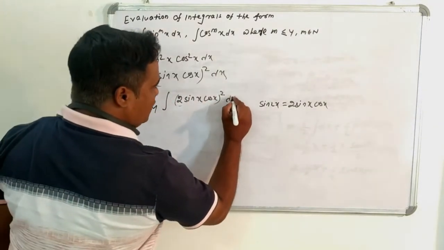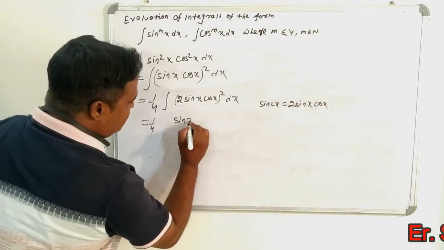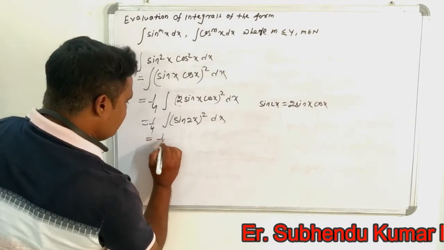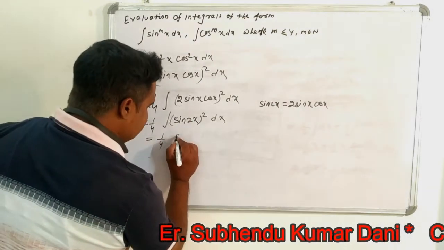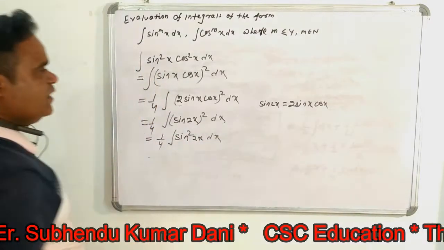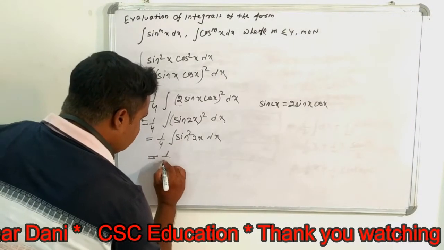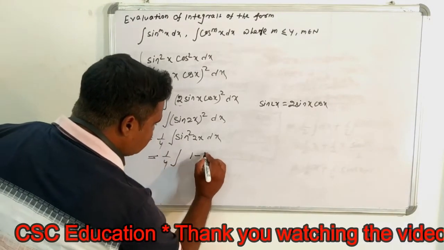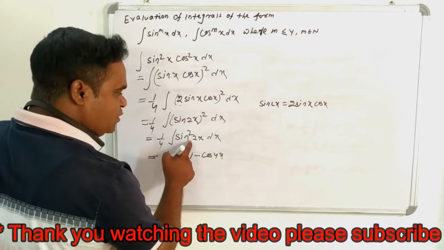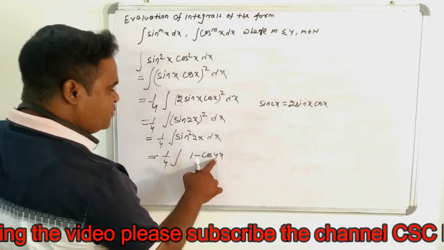Okay. So now 1 by 4 sin 2x is the formula, with the squaring factor, of dx. This value equals 1 by 4 sin square of 2x dx here. Again it is converted to the square form, so this value equals 1 by 4 times (1 minus cos 4x), because in the x form the value is 2x, in the 2x form it is 4x, in the 3x form the value is 6x.